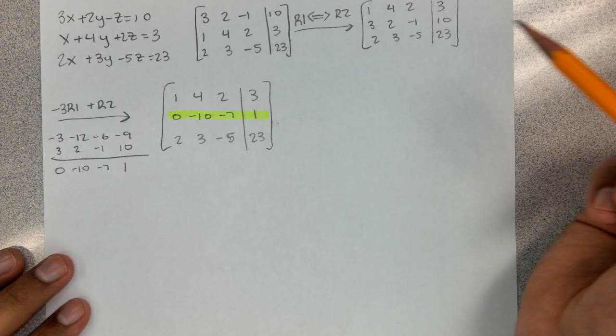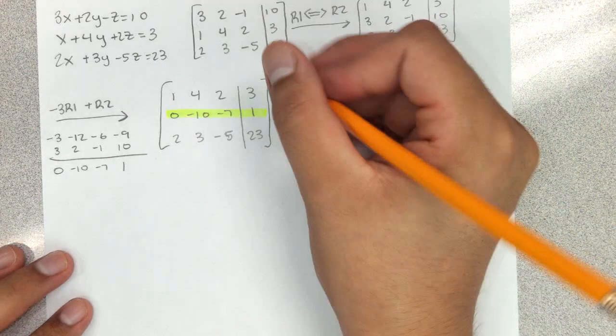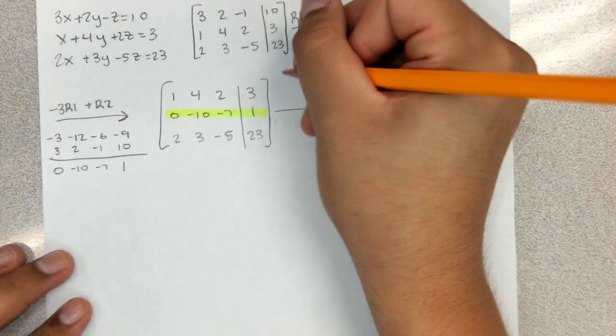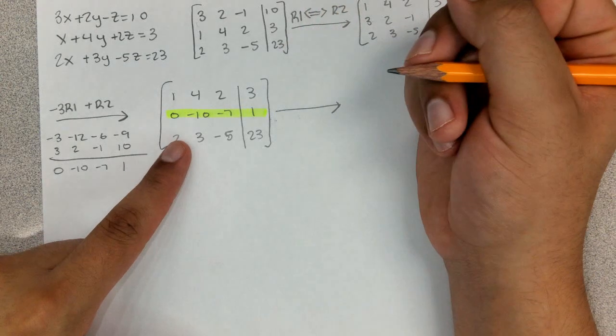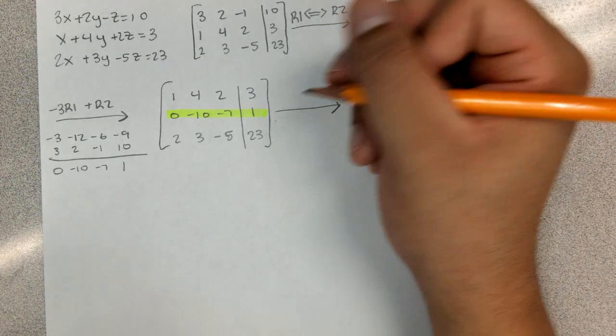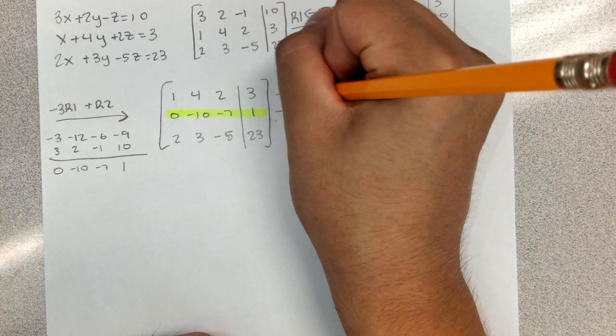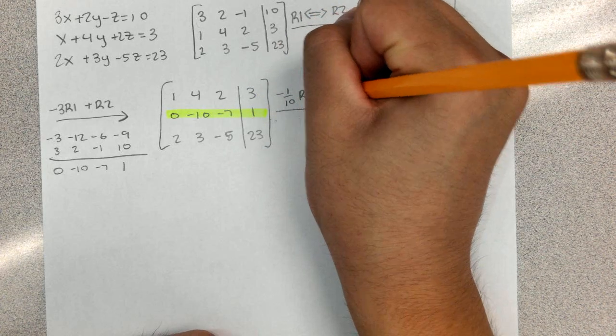Now next step, let's make that negative 10 into a 1. If you want to make something a 1, just multiply it by its reciprocal. So negative 10 has a reciprocal of negative 1 over 10. I'm going to multiply that to the second row.